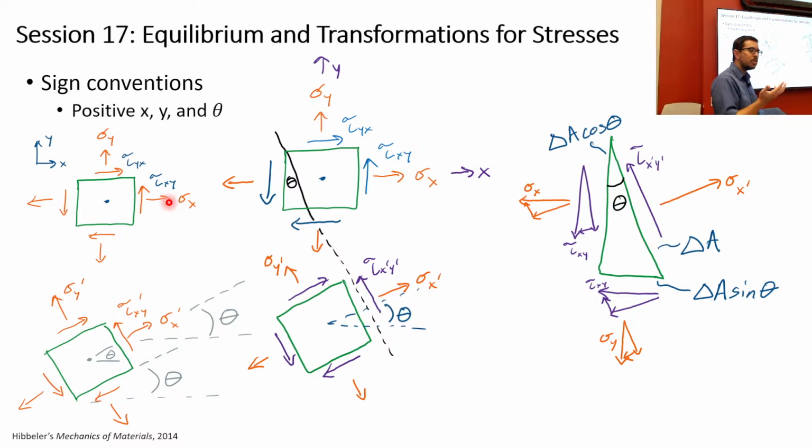The normal stresses coming out of the element are positive, and for the shear stress, x is coming out of this space and y is up. The one on the right is the one I typically look at, because, as you recall from the subscripts, the first subscript is the x face and the second subscript is the direction. So this is in the positive y direction on the positive x face.